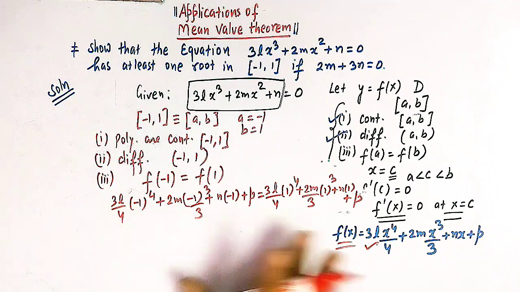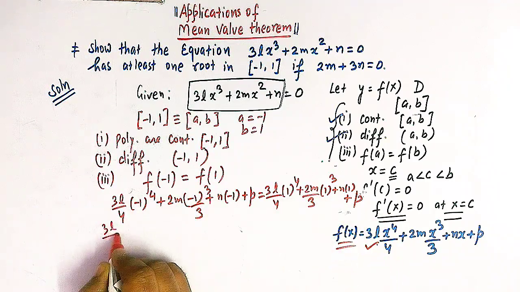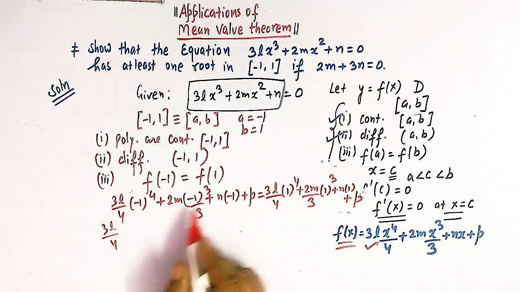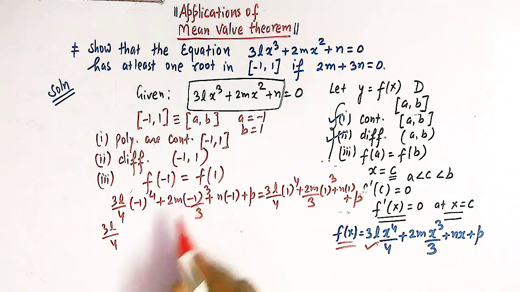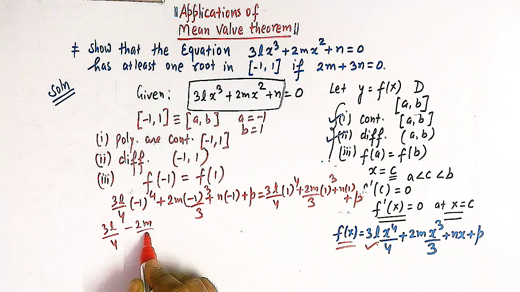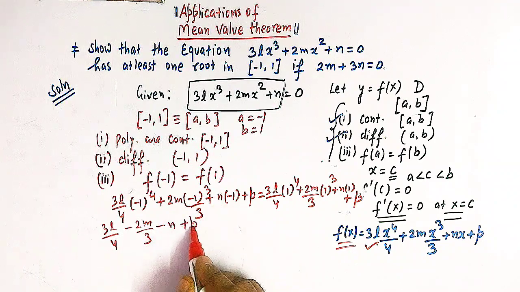So now let us rearrange the terms on both the sides. So we have 3l over 4 times minus 1 raised to 4, which is plus 1, and here minus 1 raised to 3 is minus 1. So we have minus 2m over 3, and here we have minus n, here we have p.